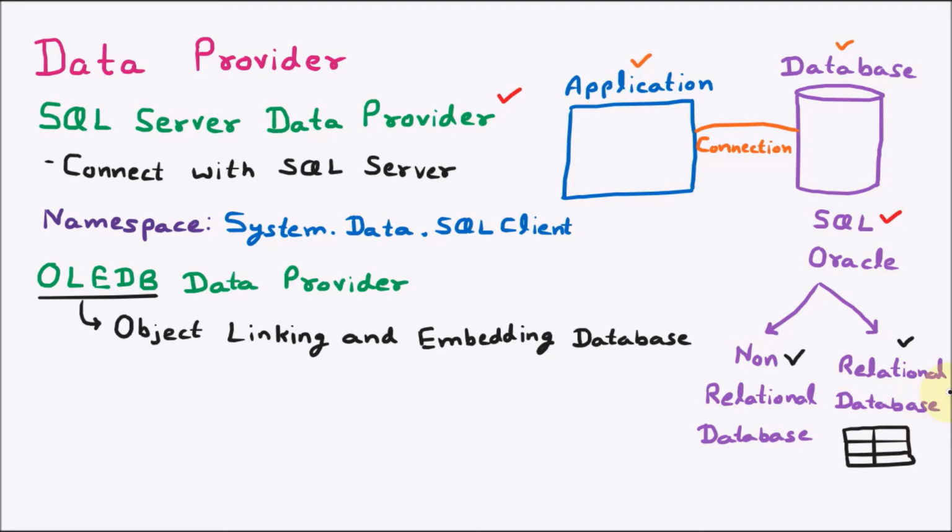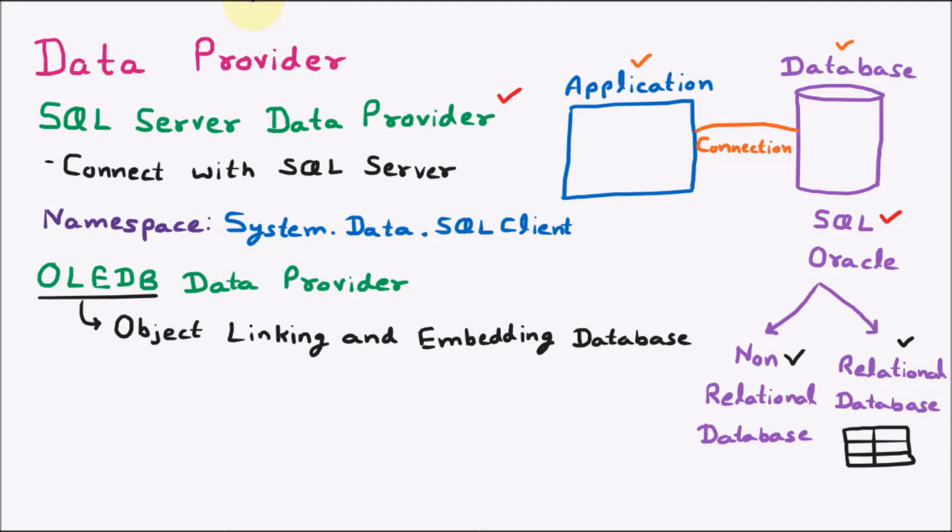So relational databases are the databases where we are having a table of rows and columns. Just like we are having the employee table, student table, where the student marks, roll numbers are there. So these are the relational databases. And the other way of storing the data is called the non-relational databases.